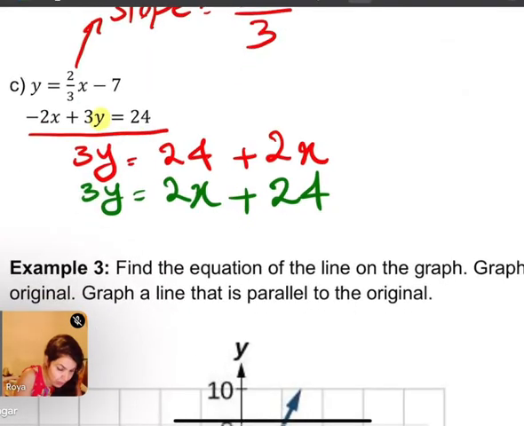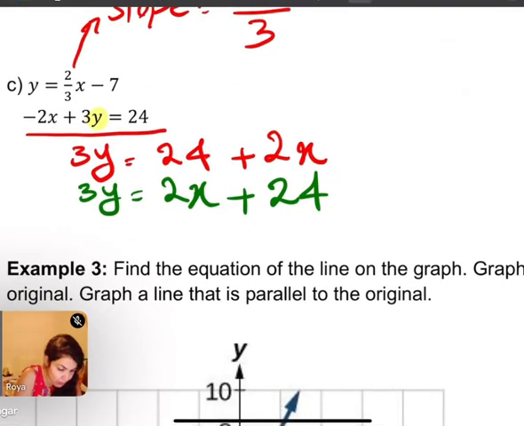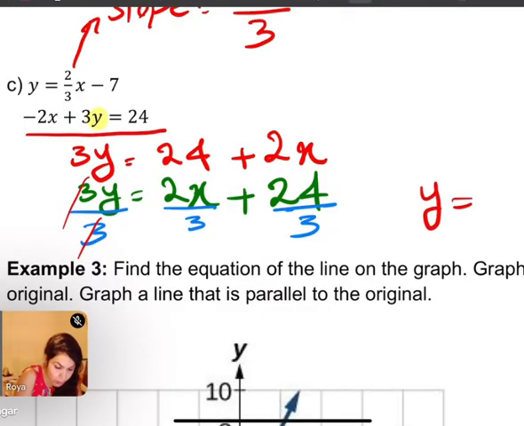And now we are going to divide both by 3. And we have y equal to 2 over 3 x plus 8.